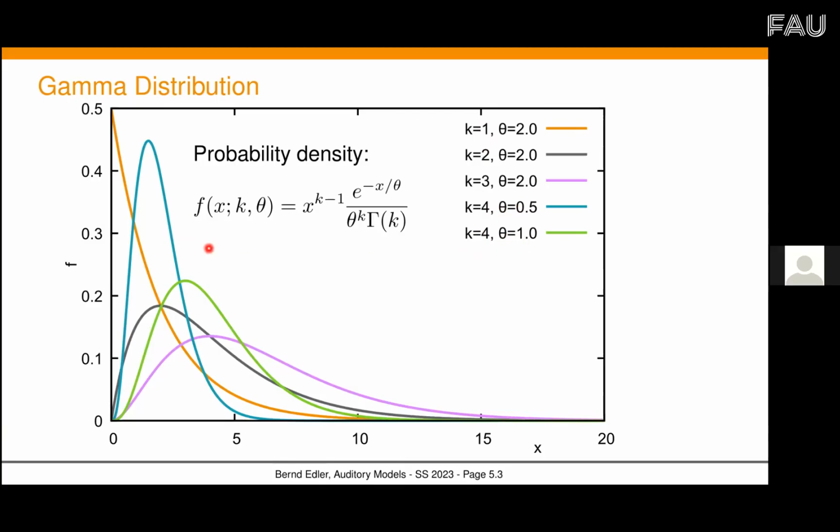You see that if the order is 1, then x to the power 0 is 1, and you have e to the minus x divided by theta, and the prefactor is just a constant because it depends only on k, not on x.